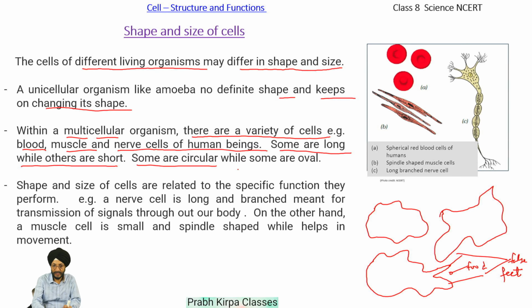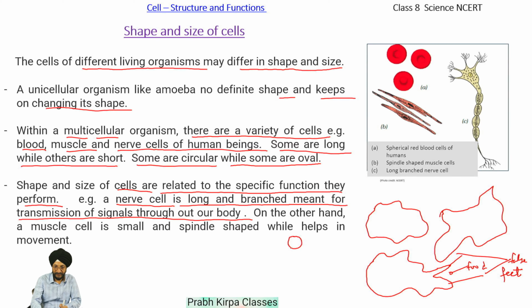Some are circular while the shape of some cells is oval. Shape and size of cells are related to the specific function they perform. For example, a nerve cell is long and branched, meant for transmission of signals throughout our body.